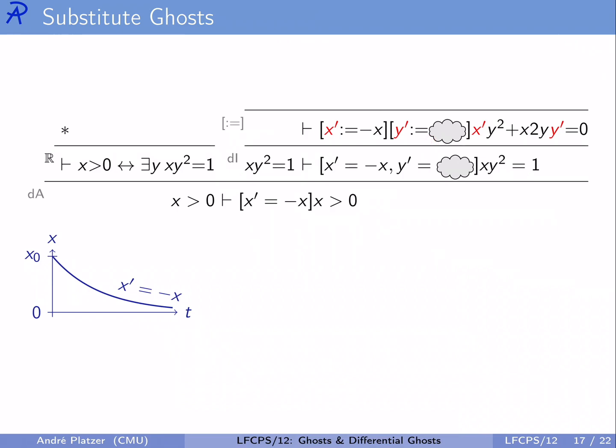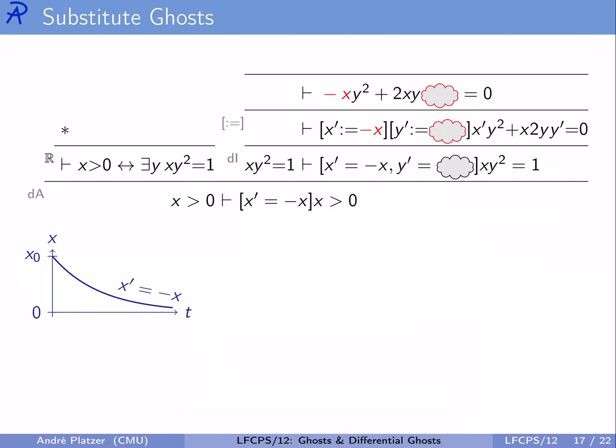But we can certainly plug in the new value for x prime and plug in the, well, admittedly spooky new value for y prime. That will give us minus x y squared plus 2xy, ugh, spooky cloud. Okay.